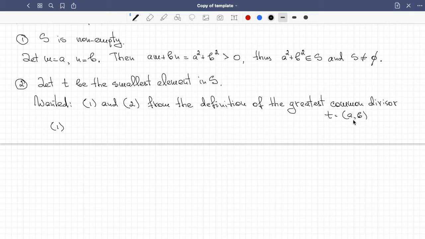1 from the definition is that T is indeed a common divisor of A and B, meaning T divides A and T divides B. Because of the obvious symmetry between A and B, it suffices to prove that T divides A; by the same token, it will divide B as well.